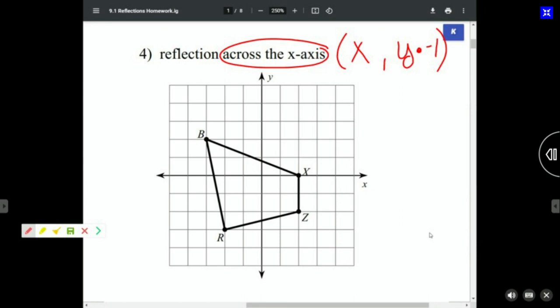Remember, you're going across x, so the x is going to stay the same, right? That means you're going to come up. This will go down 3. Your prime is going to have to go up 3.